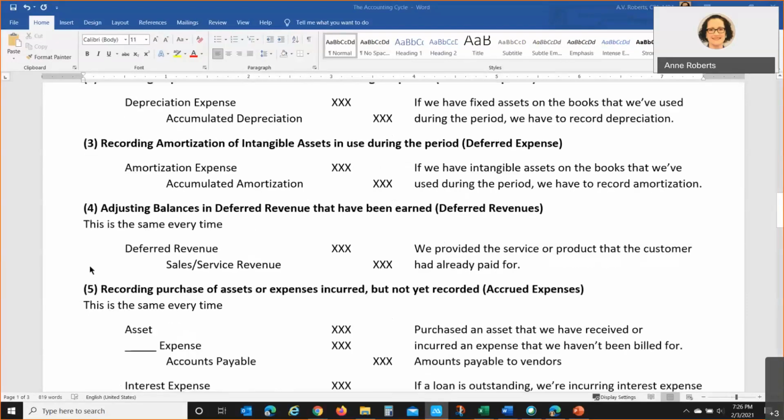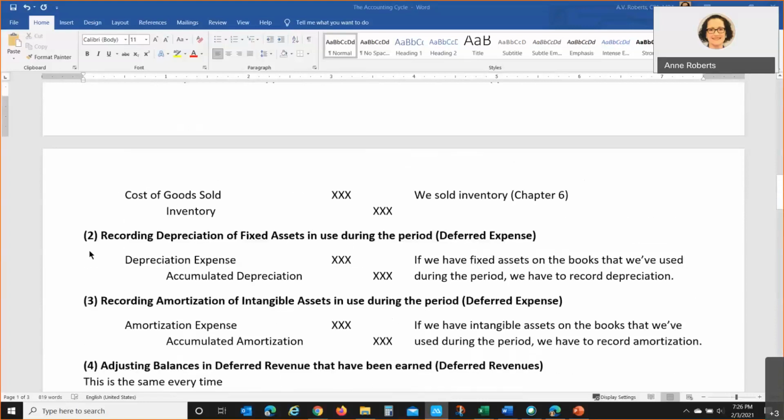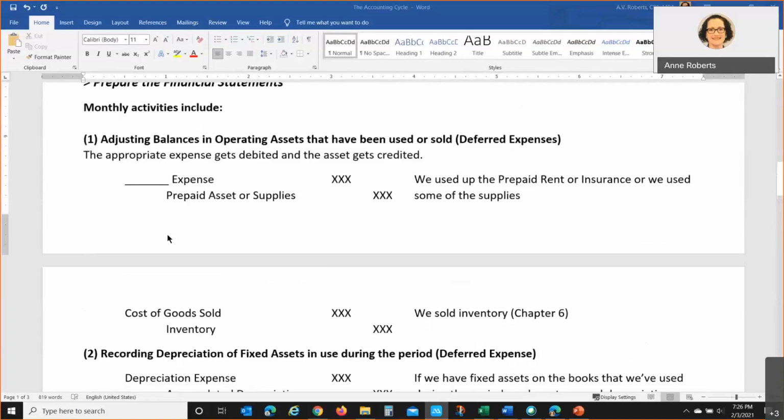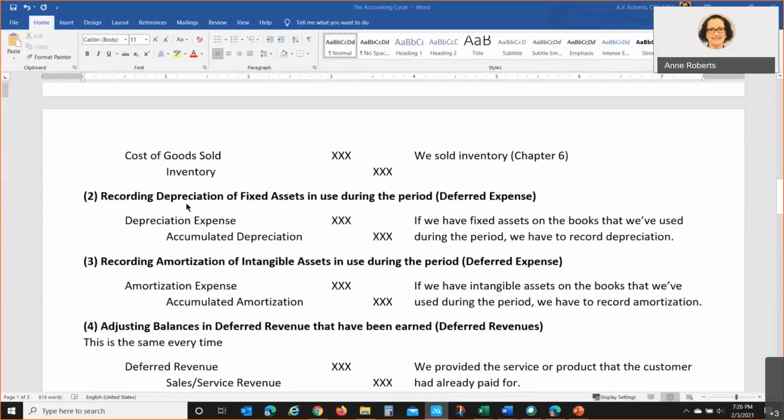All right. So how are we doing here? At this point, these are all assets that are turning into expenses. You see the pattern in 1, 2, and 3?